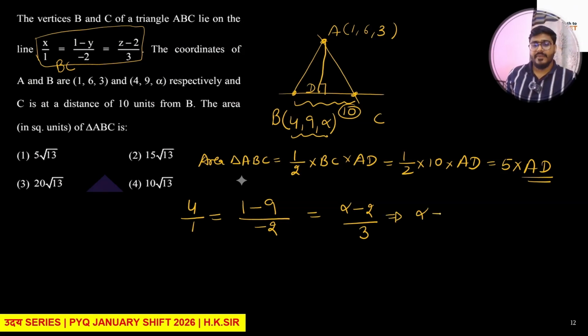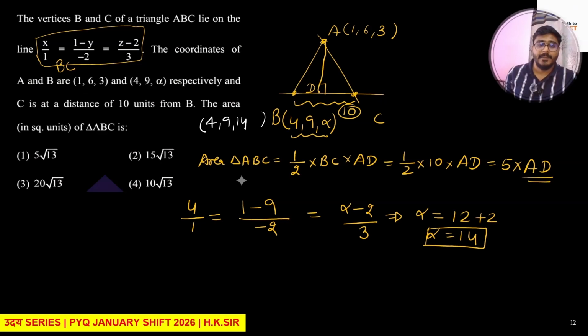Alpha is 3 into 4, which is 12, plus 2, that is 14. So alpha is 14. That means point B is 4, 9, 14. Now our target is to find this AD.